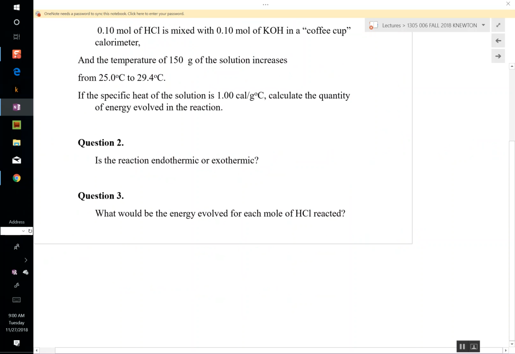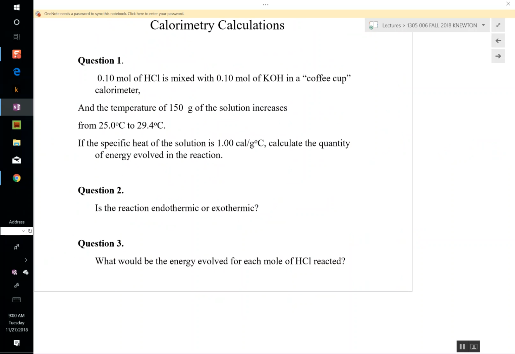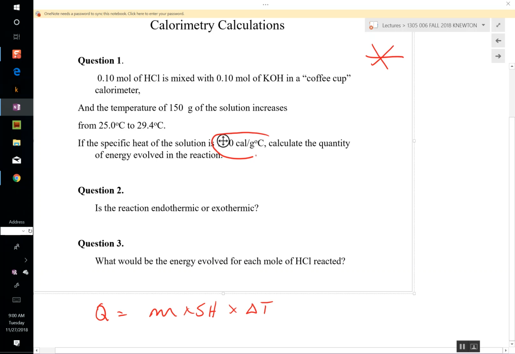Okay, now here's the HCl. You need to go do this one after class. Use that equation. Let me give you a couple ideas here. You got this equation. In this case, you're dealing with water.